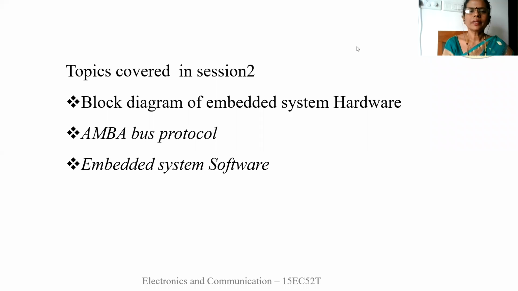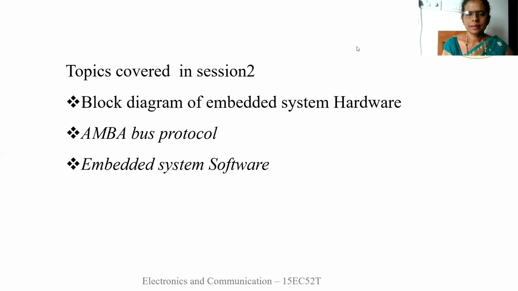The topics covered in the previous session 2 are the block diagram of embedded system hardware, AMBA bus protocol and embedded system software. So we studied the different hardware in an embedded system. The best one is the ARM processor core.